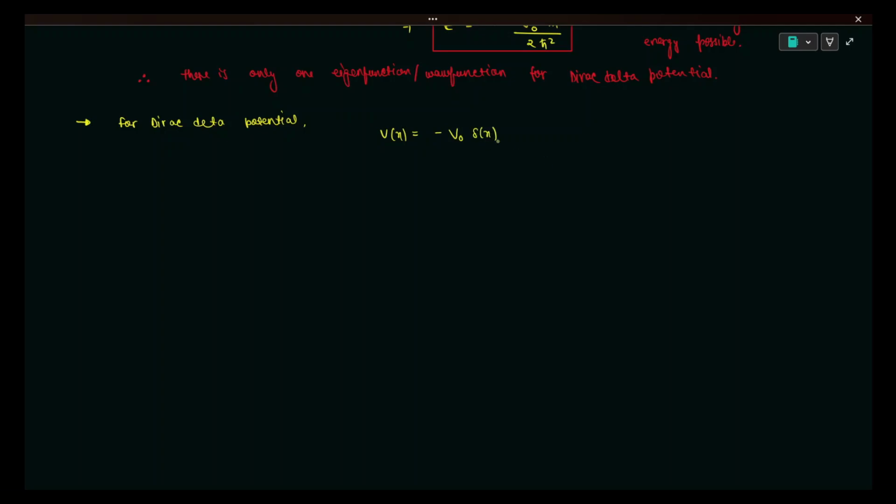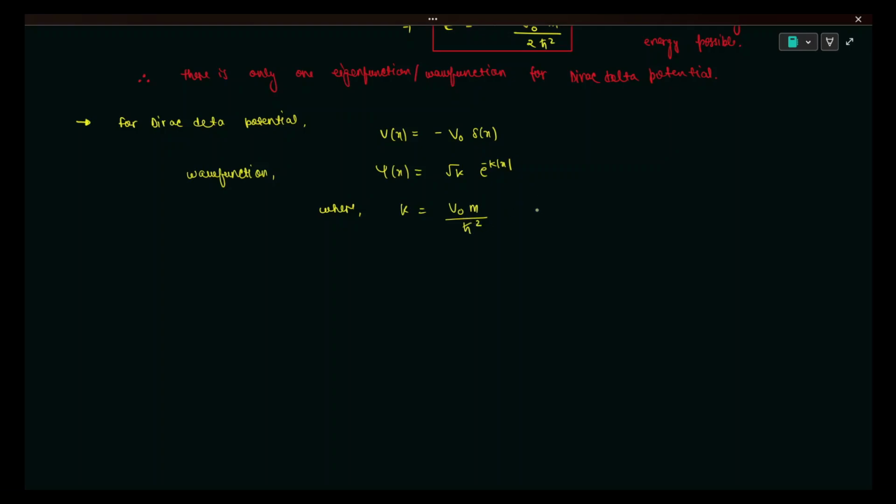So I am considering the Dirac delta function situated at x equal to 0, and the wave function psi of x is under root k e raised to power minus k mod of x, where this k value is v naught m divided by h cut square.